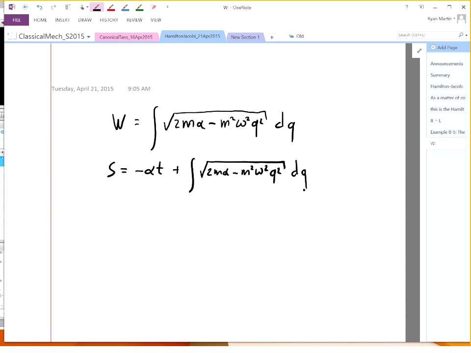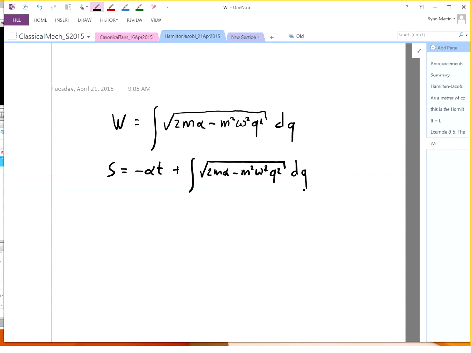So we know what alpha is, right? Alpha is the total energy. So it's not something that we need to figure out. We can just measure it easily. We just take the system at a given time, put in what we have for p and q, and then we get what the Hamiltonian is, and that's the total energy.